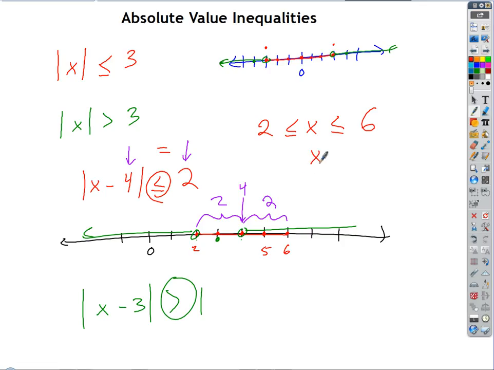I could say X minus 4 is less than or equal. Now, if I'm going to subtract 4 from the middle, what do I have to do to all parts of the compound inequality like this? Subtract 4. So I'm going to get a negative 2, and I'm going to get a 2 there, right? Does that make sense? Okay.